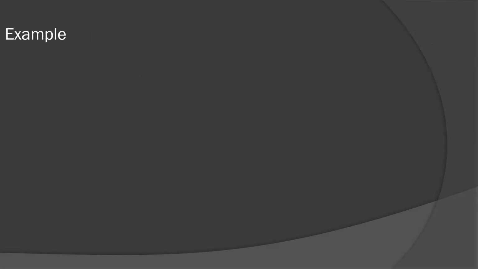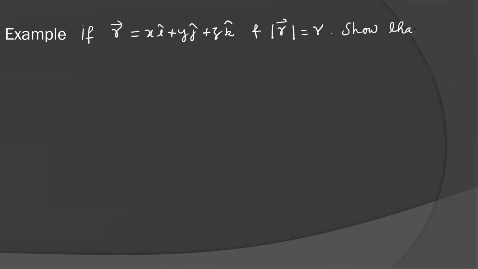I'm going to solve one very famous example of divergence. If R vector is xi plus yj plus zk and the magnitude of R vector is r, then divergence of R vector over r cube, or del dot (R vector over r cube), is 0, where r is the magnitude of R vector.